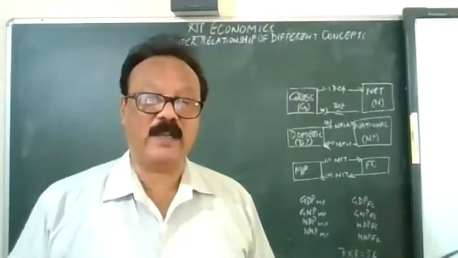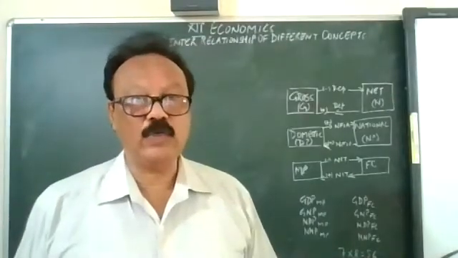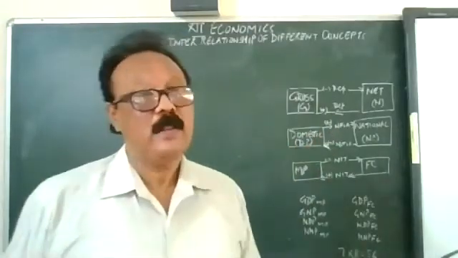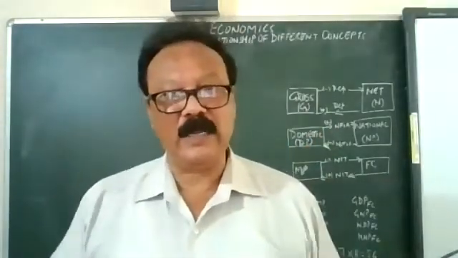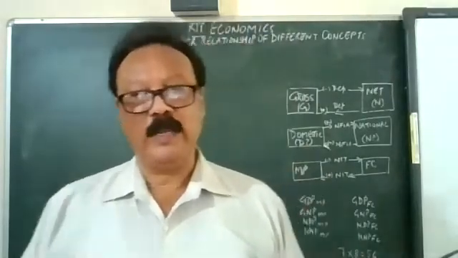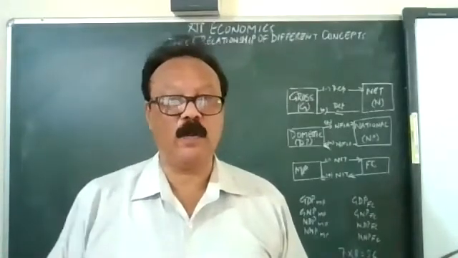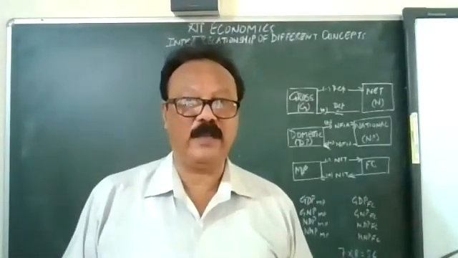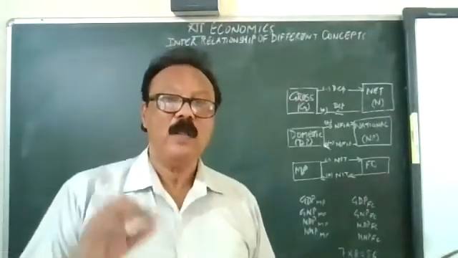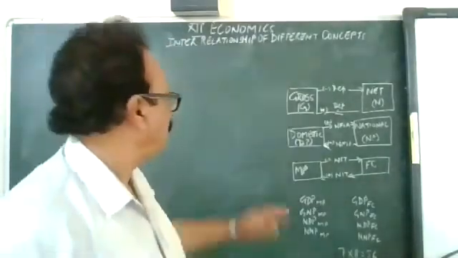NFIA is equal to factor income from abroad minus factor income to abroad. Many a time there's a direct mention in the question, NFIA this much. Otherwise, you would get it in the broken form: factor income from abroad, factor income to abroad.